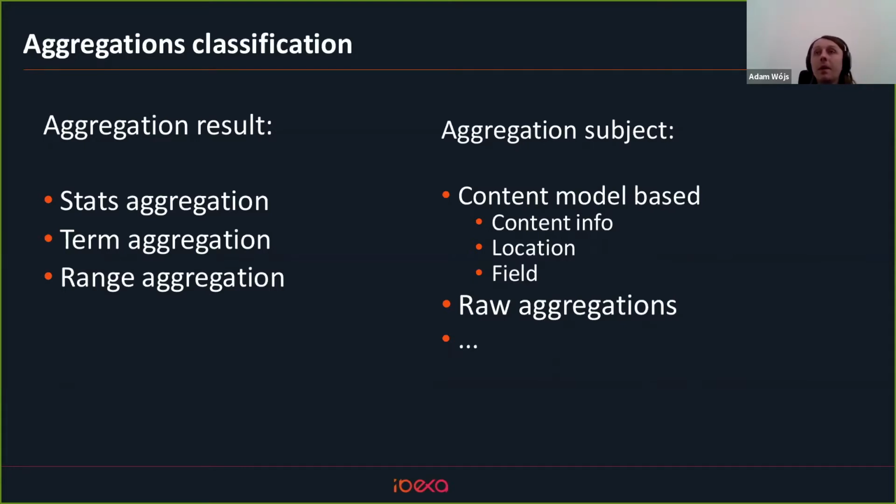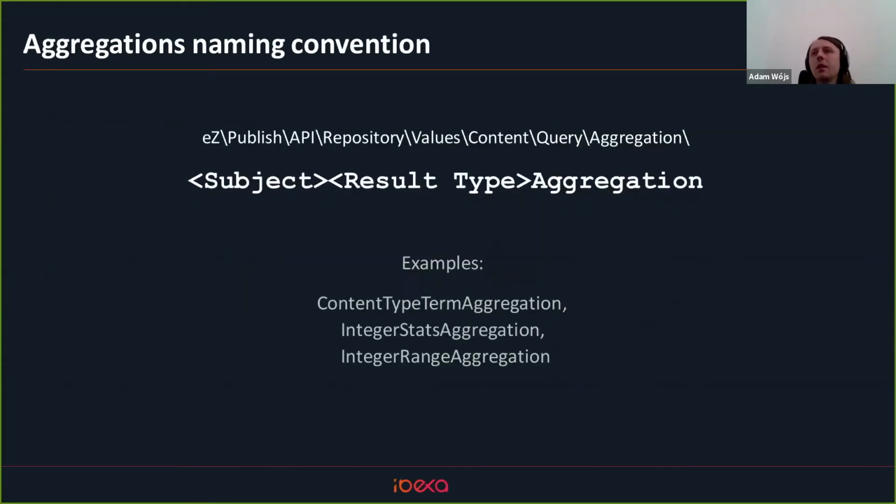Yeah, and based on this classification, we follow a naming convention. Each aggregation name is built from its subject as a prefix, followed by the result type, and then the aggregation suffix.